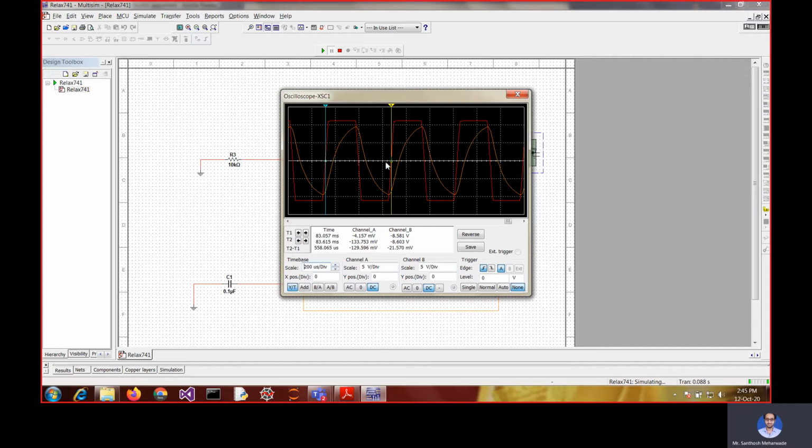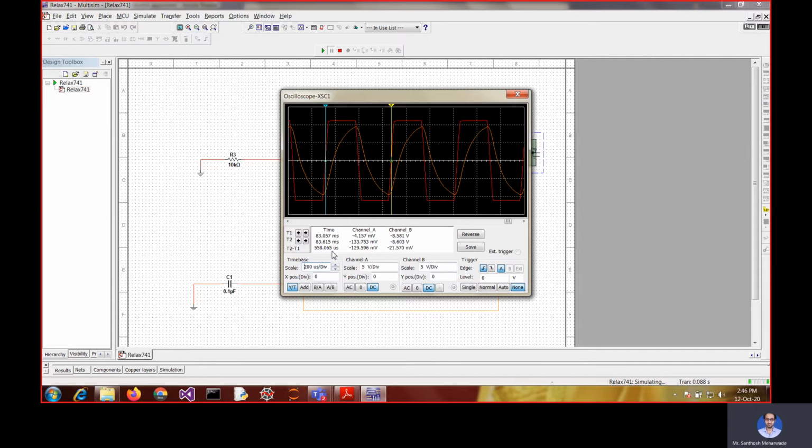Now this is my end point and this is my starting point. If you calculate, T2 minus T1 gives 558 microseconds, which in terms of milliseconds becomes 0.558 millisecond.